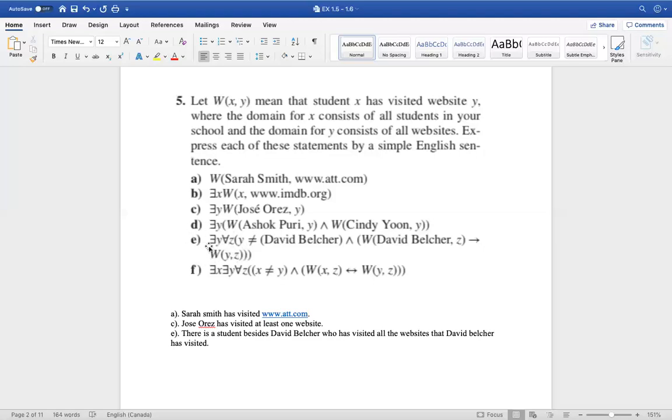But we don't know the domain of this Z, right? Because it's not in here. We don't know what Z encompasses. So therefore, I was referring to it as a person rather than a student. But because a student is narrowed down to a person as well, we can do that.